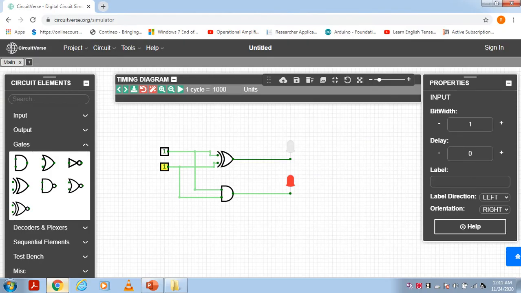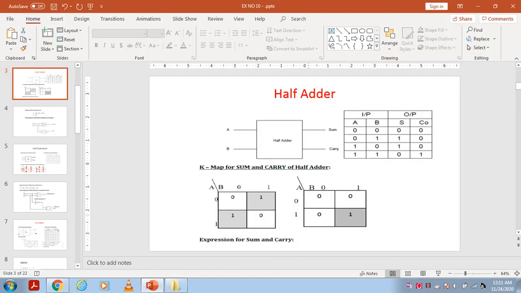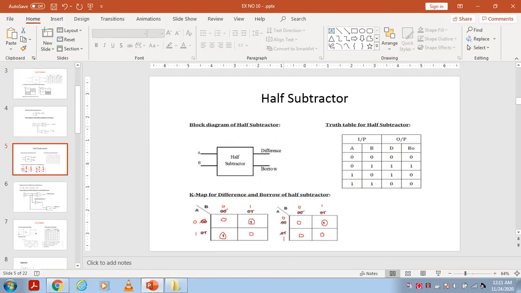The next one is verification of the half subtractor circuit. For this one, the truth table will be like this. So again, 2 input and 2 output.